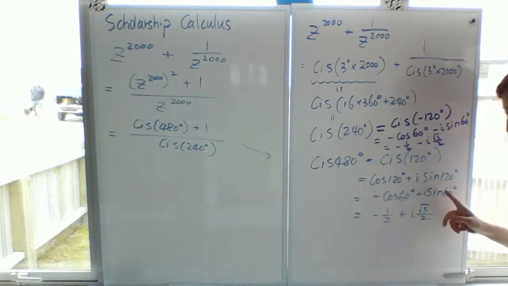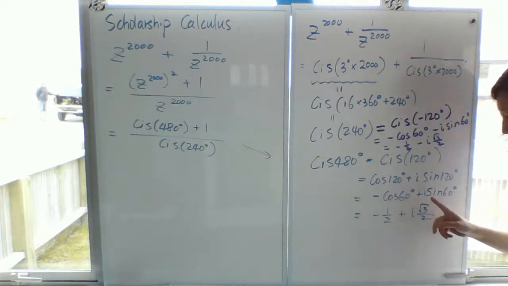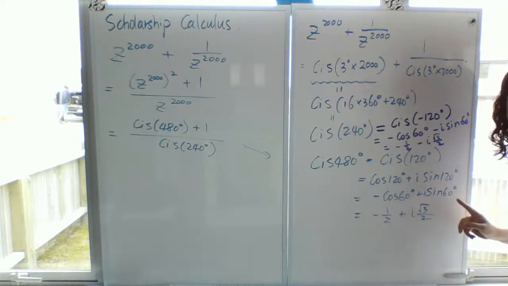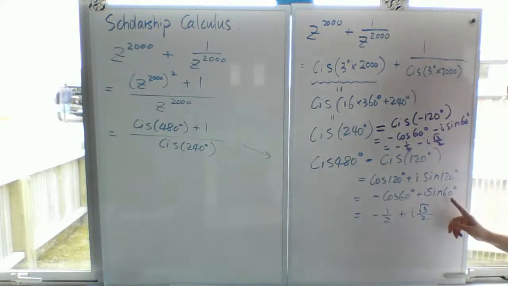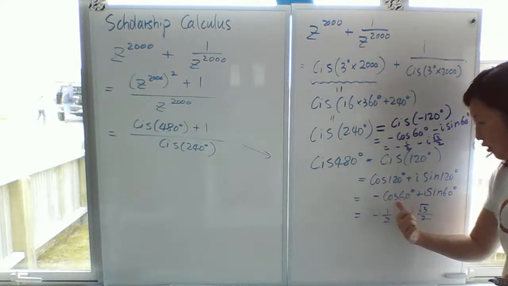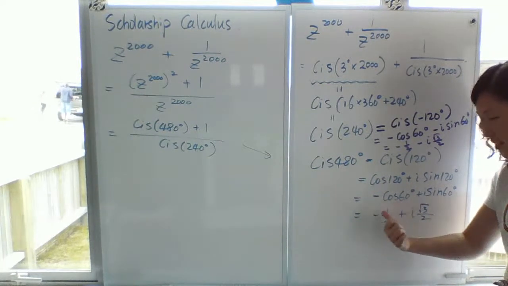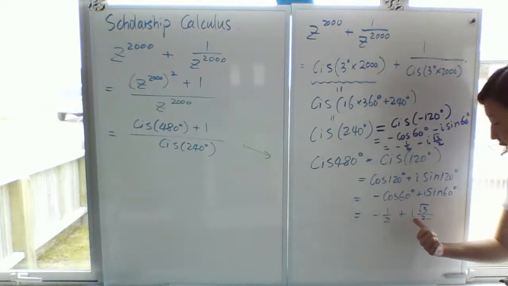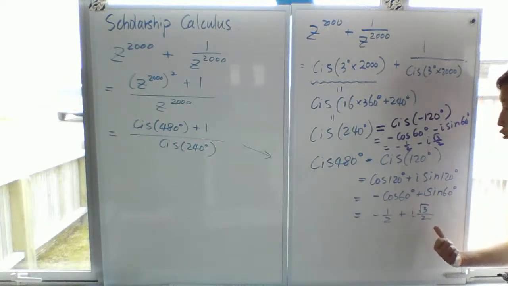And sine 120 degrees is the same as sine 60 degrees because in the second quadrant, sine is positive. From the exact values, cosine 60 is half, which is the same as sine 30. So negative half plus i square root 3 over 2.